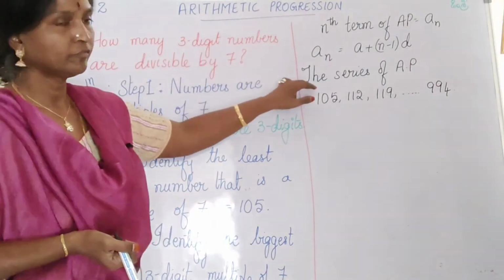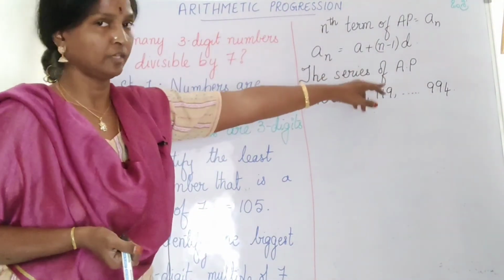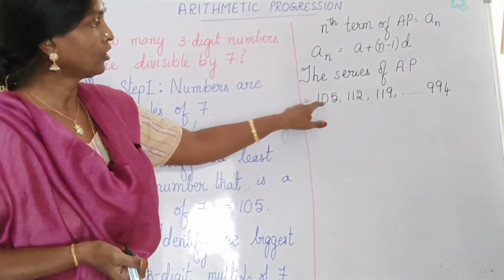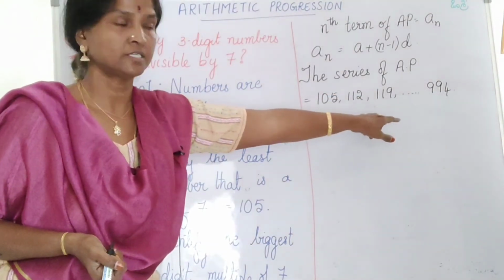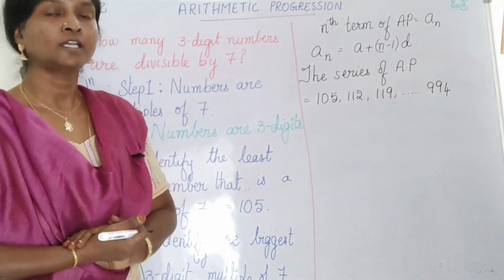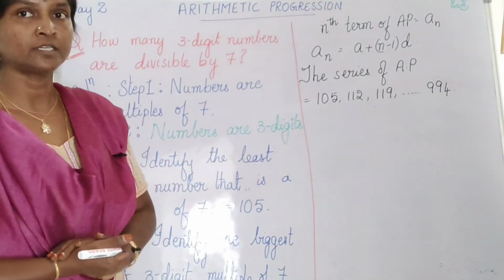So here we are writing the series of AP as 105, 112, 119 and so on till the last number will be 994.